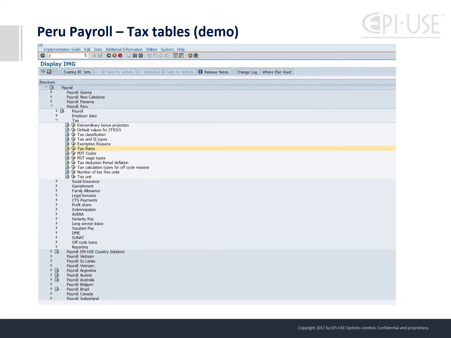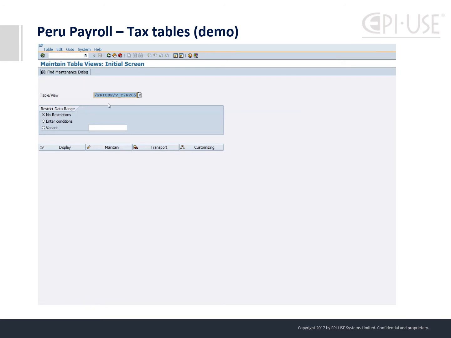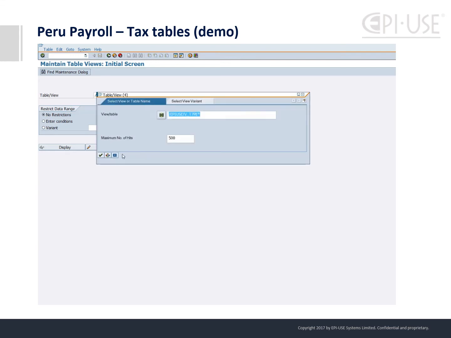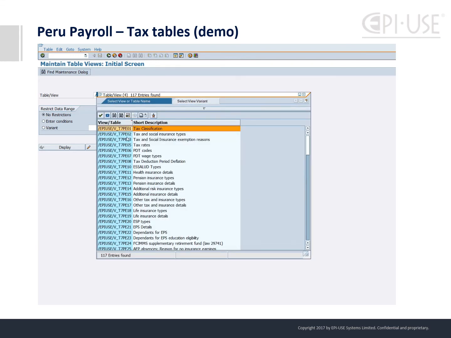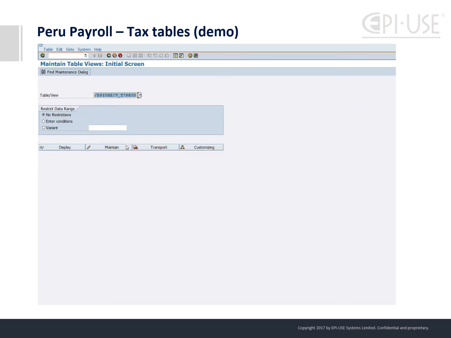Alternatively, one can go straight to transaction SM31, and the Peru tables specific to our country version start with the /EPI-USE/ namespace, the view V_T7PE, and if we put a star, you will see all the specific Peru payroll tables, and there are the different tax ones, and again the tax rate one is T7PE05.